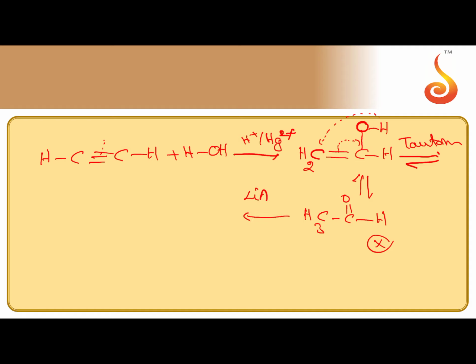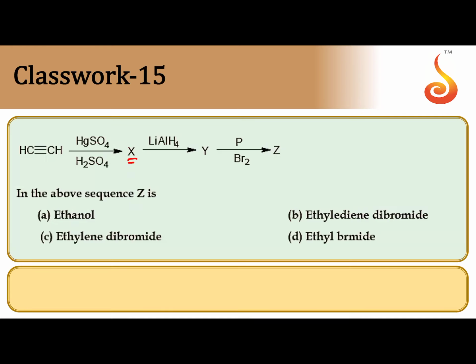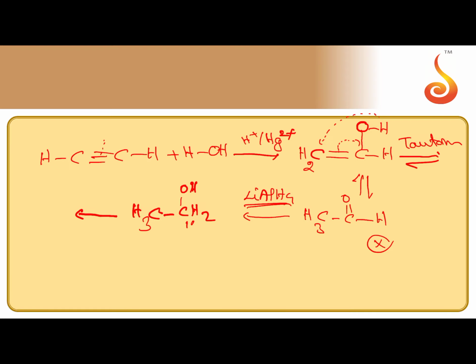Then X is reduced with LiAlH4. We know by the reduction with LiAlH4, a carbonyl compound becomes alcohol. Since acetaldehyde is an aldehyde, it undergoes reduction to give a primary alcohol, that is ethyl alcohol. After the formation of ethyl alcohol, it is reacted with phosphorus and bromine.